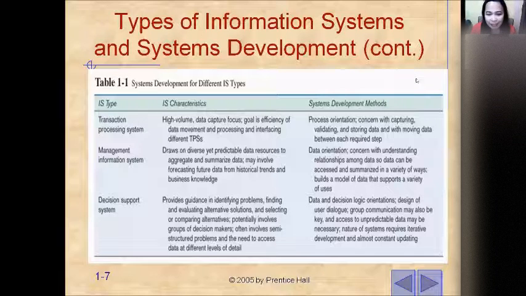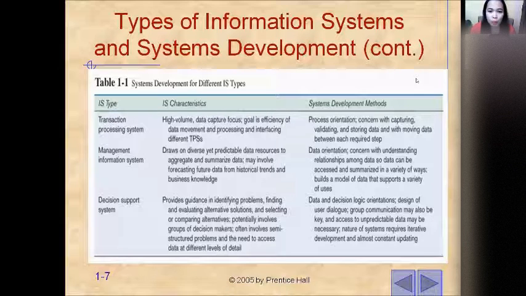IS characteristics: high volume, data capture focus, goal is efficiency of data movement and processing and interfacing different TPS. System development methods: process orientation, concerned with capturing, validating, and storing data and with moving data between each required step.